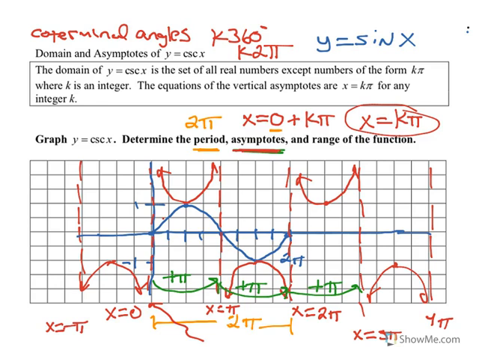And then the range is all your y values. So if we look at the range, it looks like your y values are going to go from 1 to infinity. So 1 to infinity, united or union with the set of numbers from, it looks like, negative 1 to negative infinity.